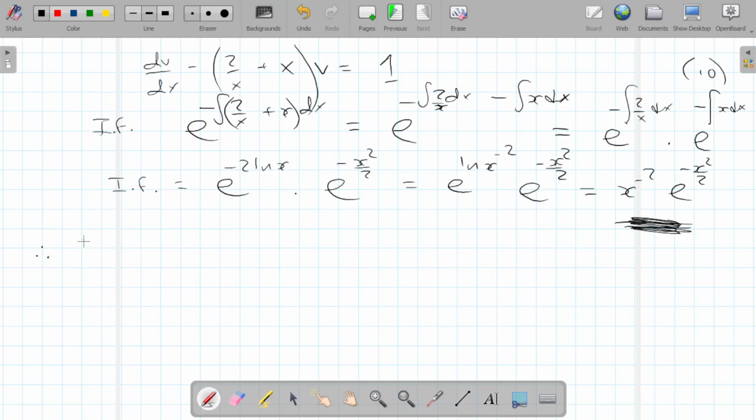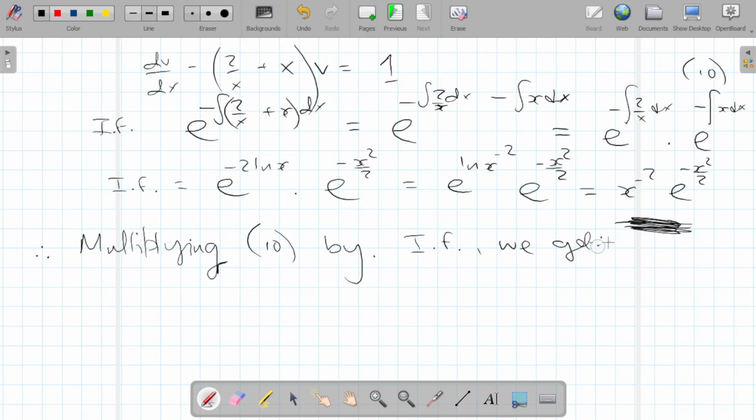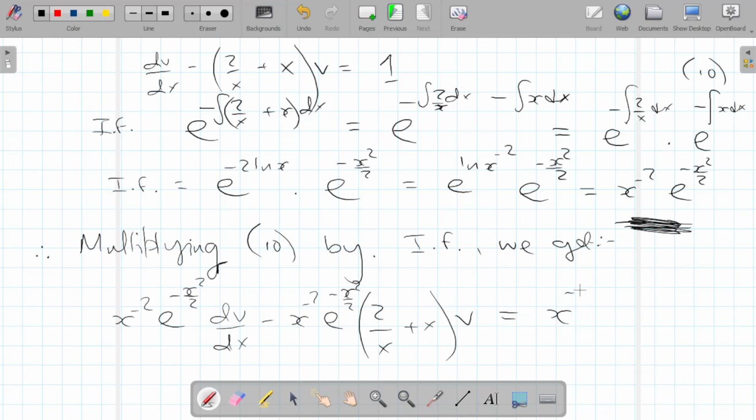Therefore, multiplying equation 10 by the integrating factor, we get x to the minus 2 e to the minus x squared over 2 times dv by dx minus x to the minus 2 e to the minus x squared over 2 times 2 over x plus x, v equals x to the minus 2, because we're multiplying both sides of equation 10 by the integrating factor of x to the minus 2 e to the minus x squared over 2.